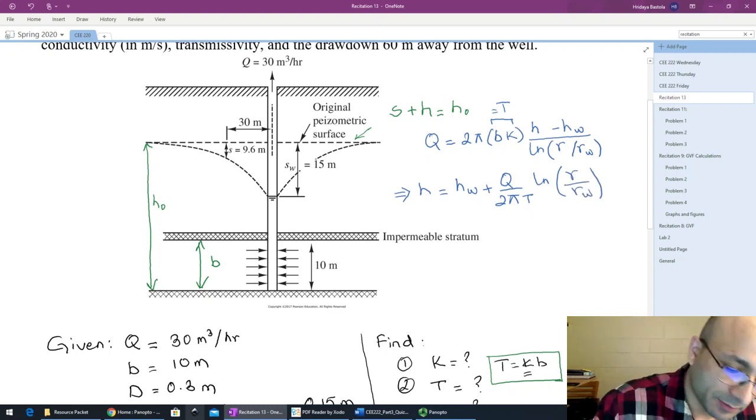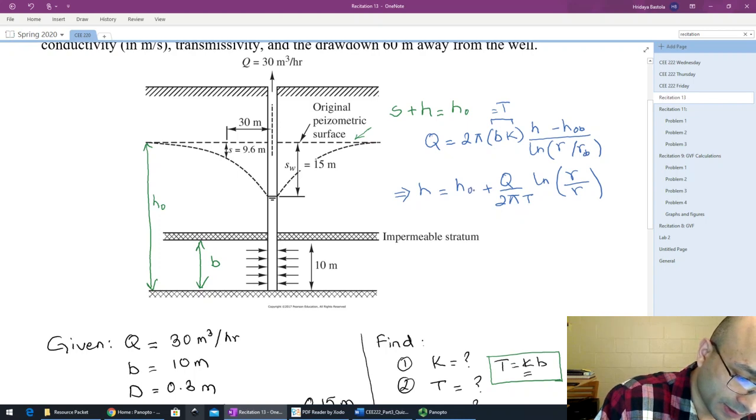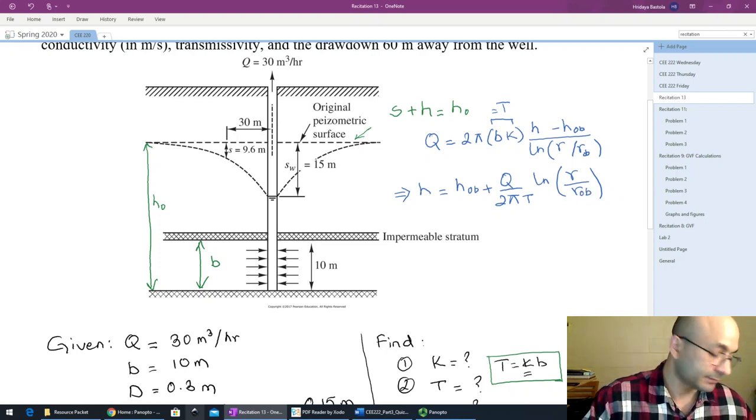So it doesn't have to be measured at the well. You could measure it at any given observation well. So you could easily replace this to this form.